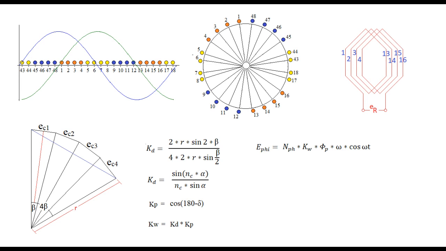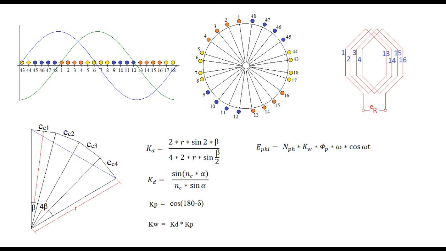The product of Kp and Kd is a winding factor represented by Kw and is always less than 1. This winding factor is identical with winding factor considered in induction motor. The EMF equation that we see on slide is identical with the EMF equation in case of induction motor.